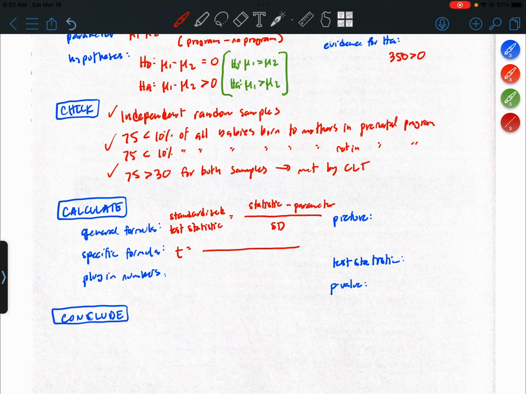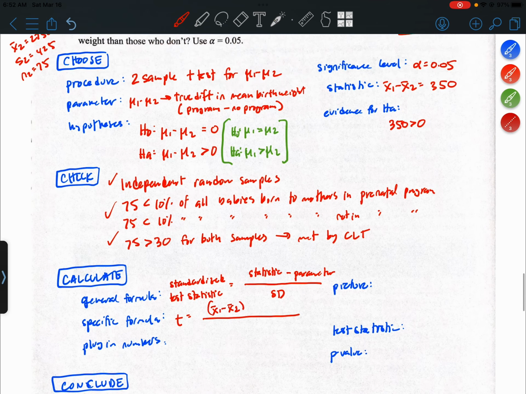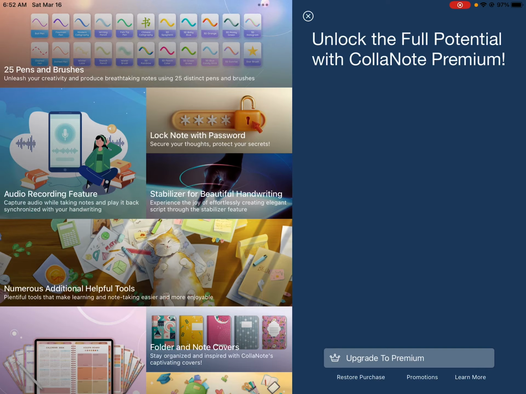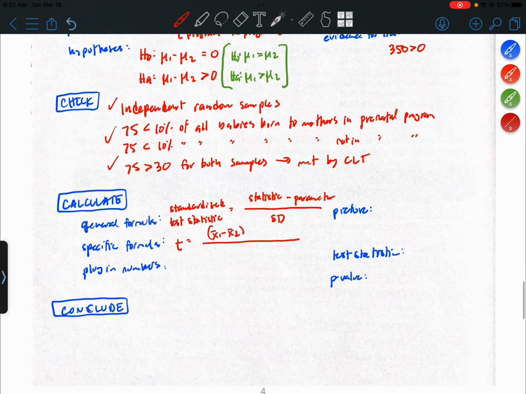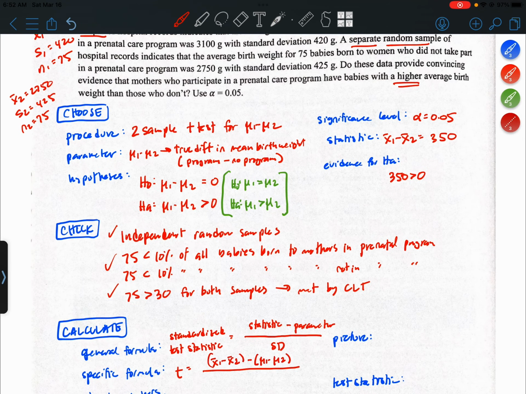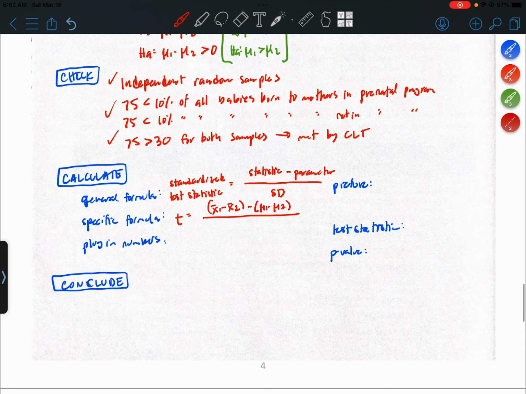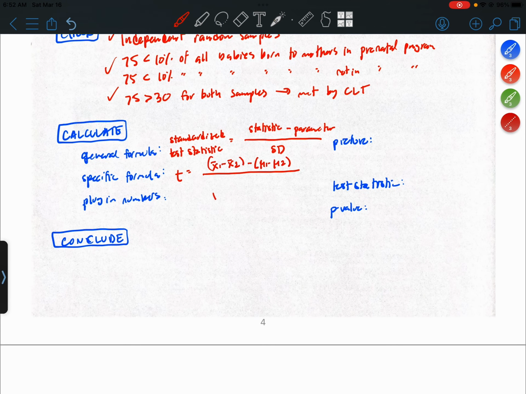The statistic is x bar 1 minus x bar 2, and the parameter is mu1 minus mu2. It's just the denominator, the standard deviation, that you'd have to look up on the formula sheet: the square root of s1 squared over n1 plus s2 squared over n2.